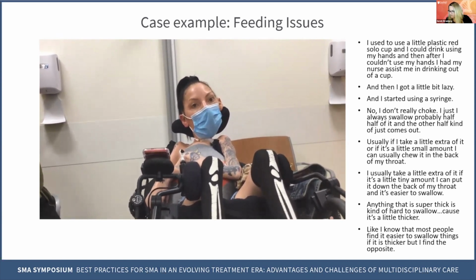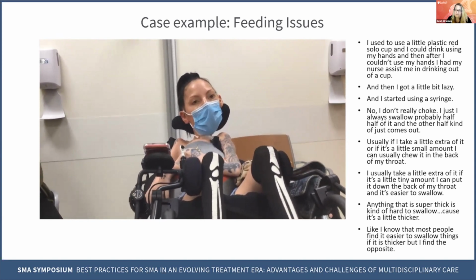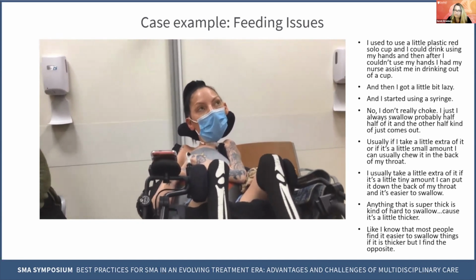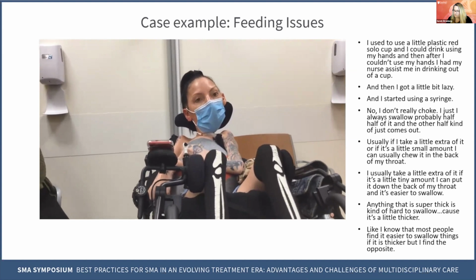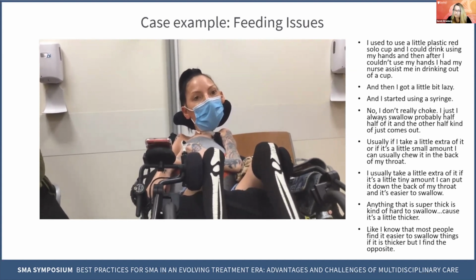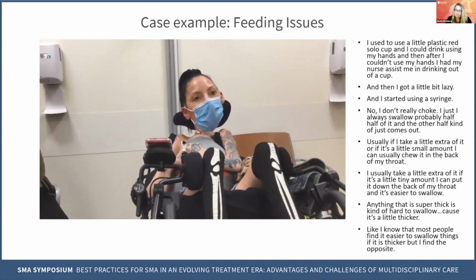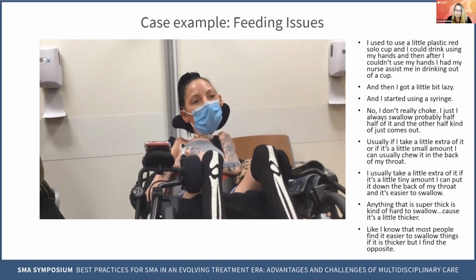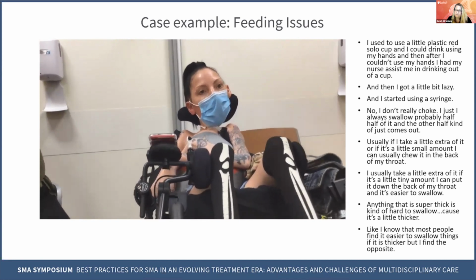It comes out the lips? Like drains? Yep. Okay. And then what about the medications? How well are you getting medications in? Usually if I take a little extra of it, or if it's a small amount, I can shoot it in the back of my throat. Tell me that again, just a little bit slower.